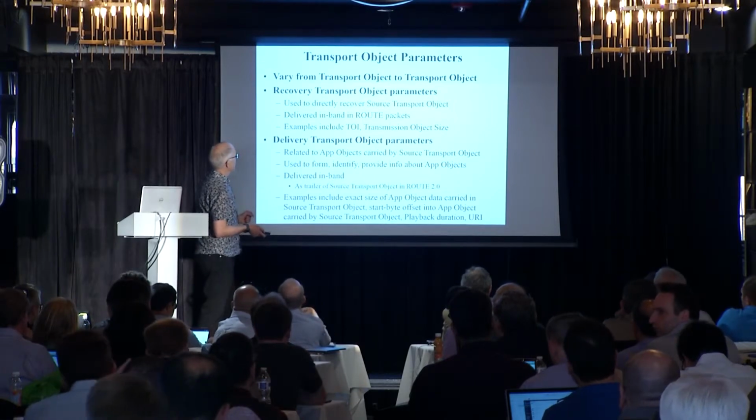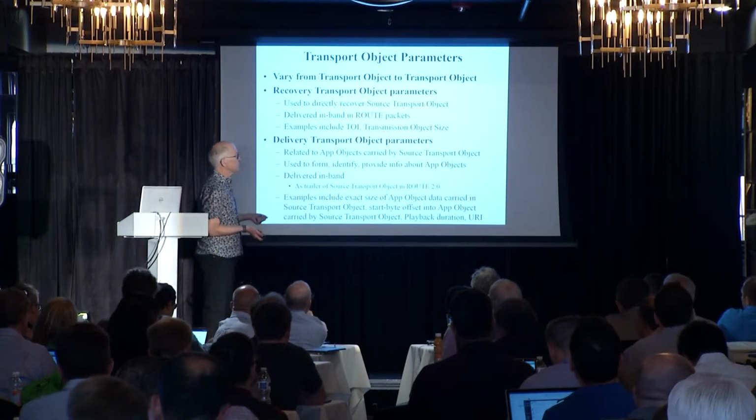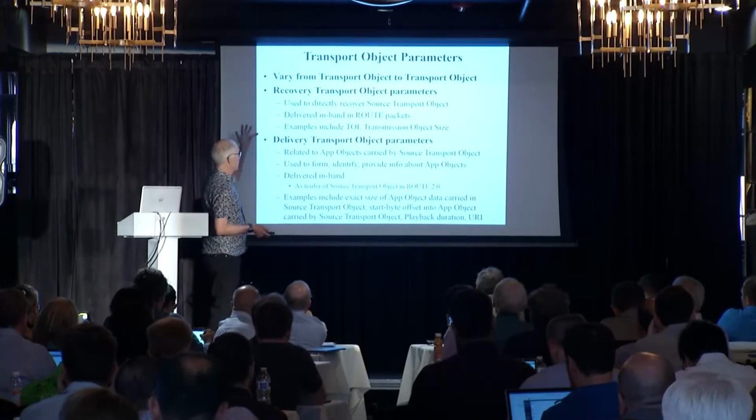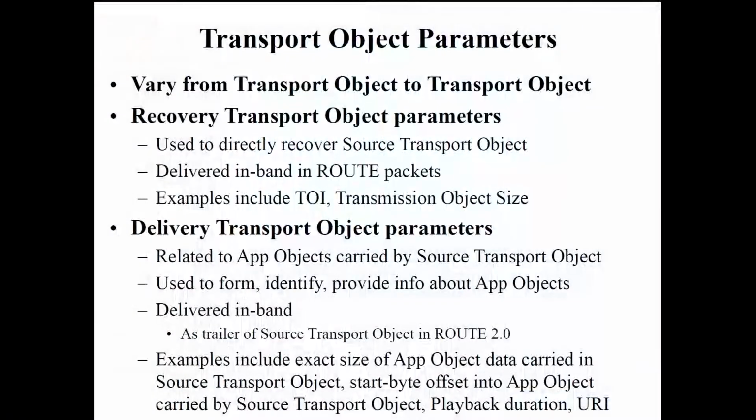Transport object parameters are things that vary from transport object to transport object. There are two types. There are recovery transport object parameters. These are the things that you use directly to recover the source transport object. These have to be delivered in-band in the packets themselves. I'll give you some examples of that in a minute.